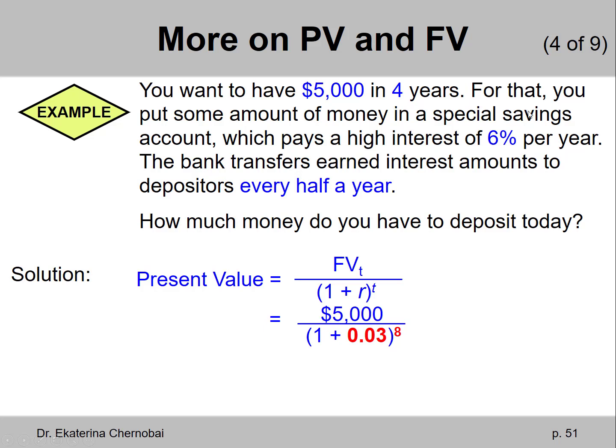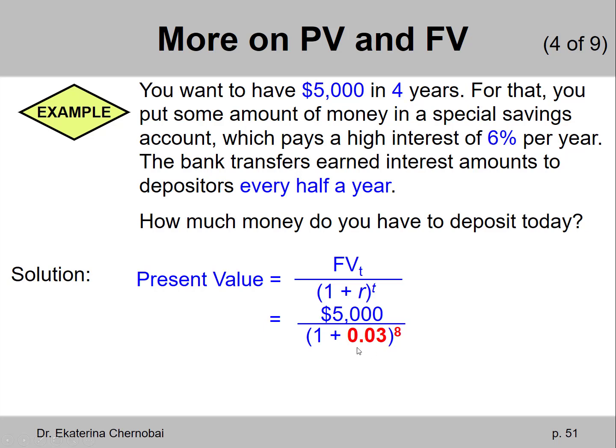And to account for that, to do the calculations correctly, we need to reflect that frequency with which the interest is earned. So if the interest rate is 6% per year, then every half a year it's half of 6%.